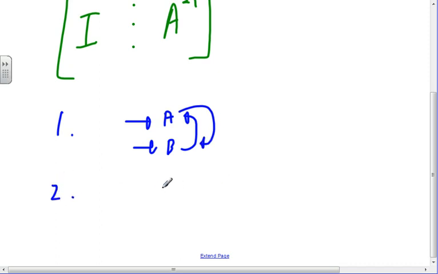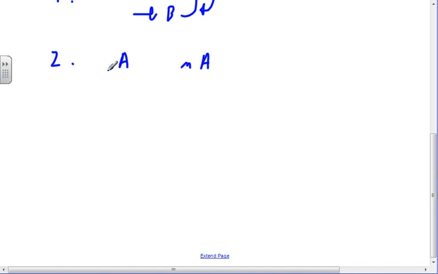And 2, I can multiply all the elements in a row by the same non-zero number. So I could have row A, and I could go NA, where N is something, it could be imaginary for that matter, like the square root of -3. That'd be perfectly okay. But every element by NA.